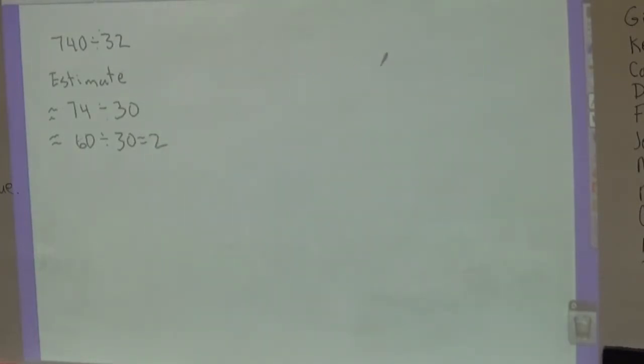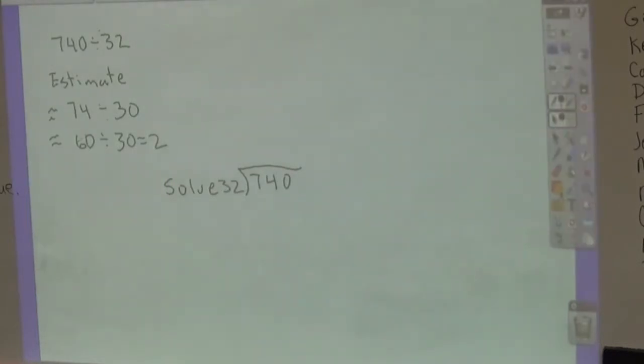So now we're going to do the solve step. Let's do the solve step here. That's going to be 740 divided by 32. I don't like where that solve is written.